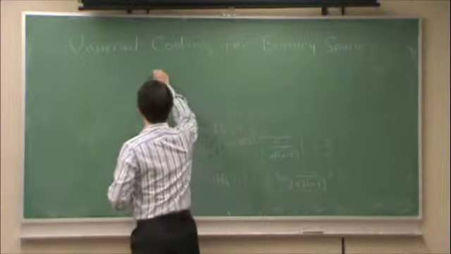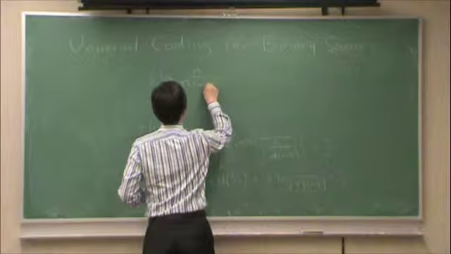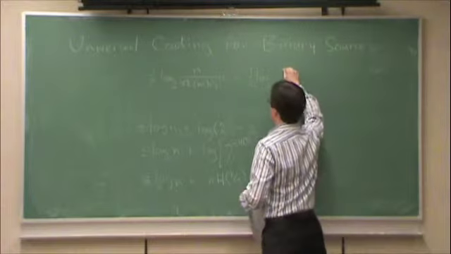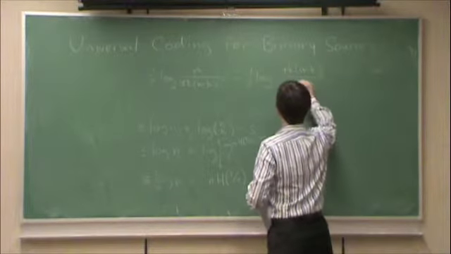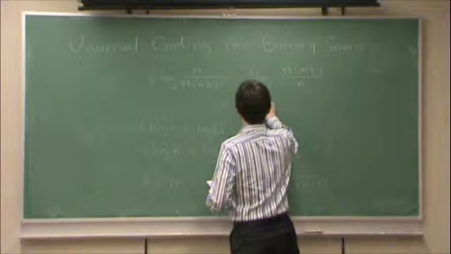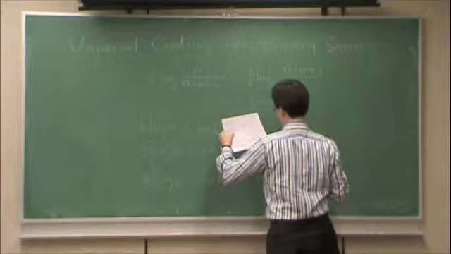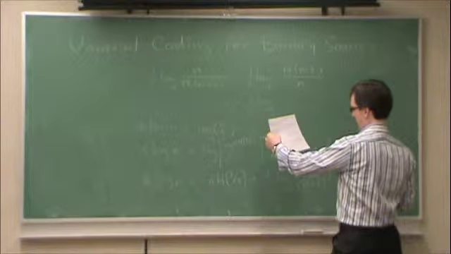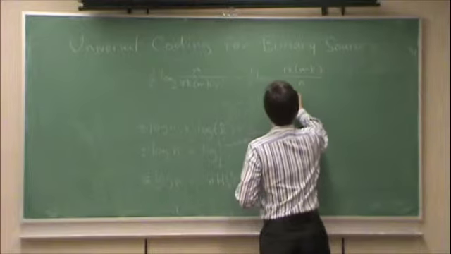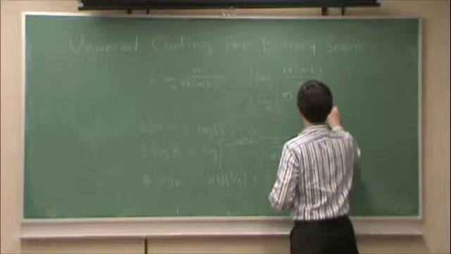I have 1/2 log n over pi k (n minus k). This is equal to negative 1/2 log of pi k (n minus k) divided by n, which is equal to minus 1/2 log of pi k (n minus k) divided by n squared times n.